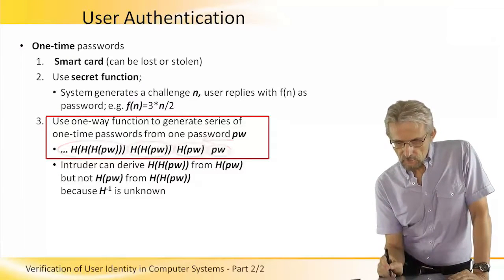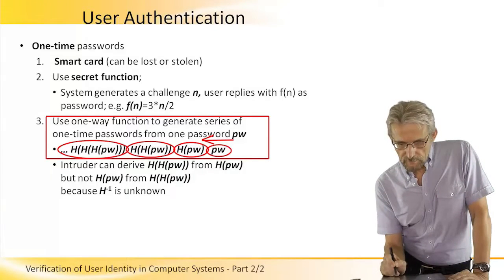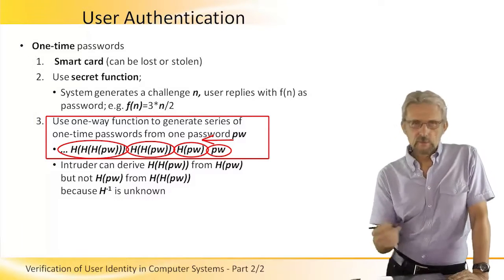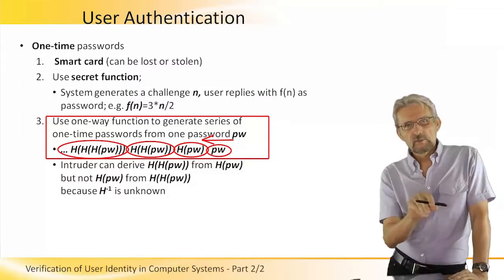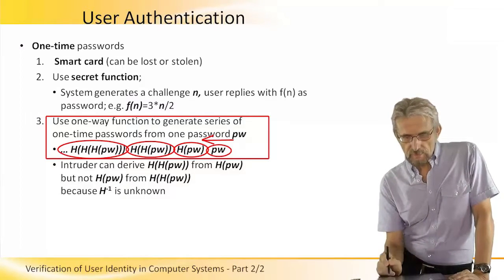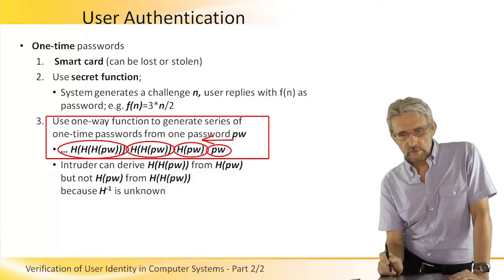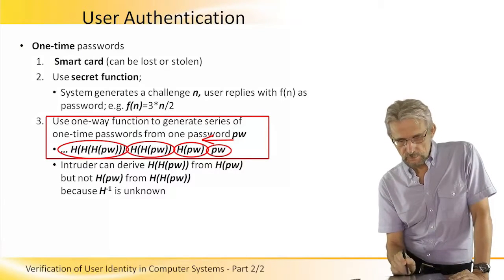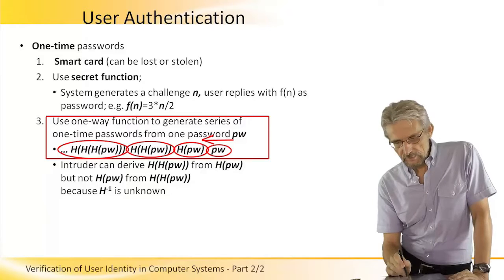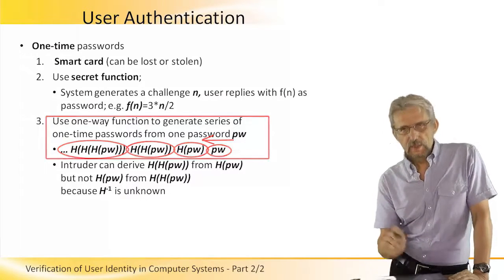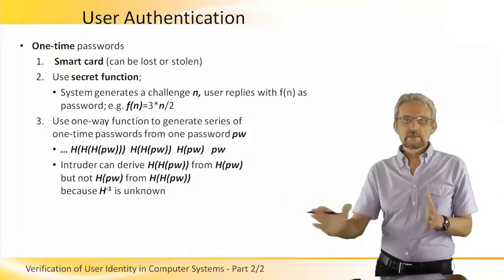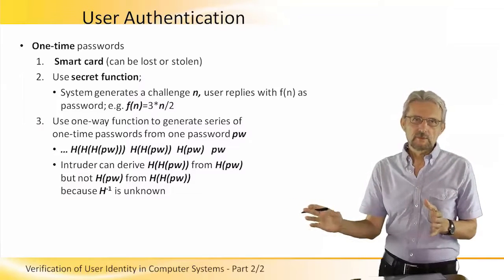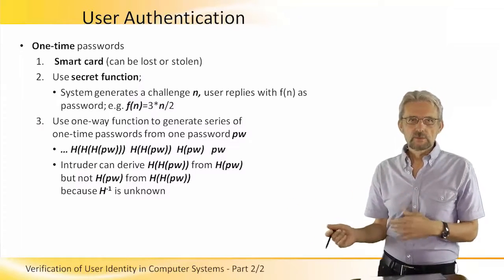You can go easily in this direction, from the password to the encrypted one and so on, but not backwards. So as long as you are using them in this direction, first you use this one, you cannot infer the next one from it, then you use the next one, etc. You get a valid series of passwords that cannot be deduced one from the other.